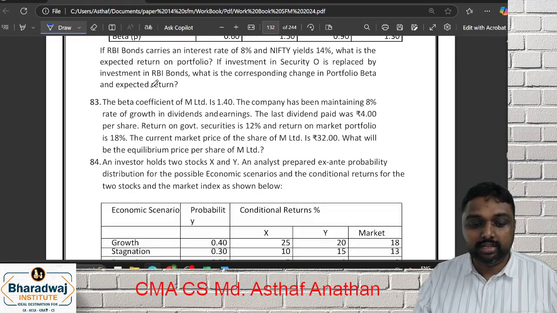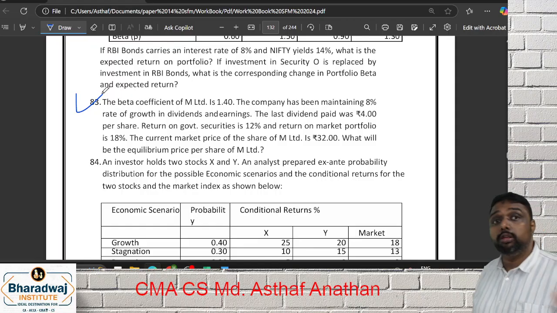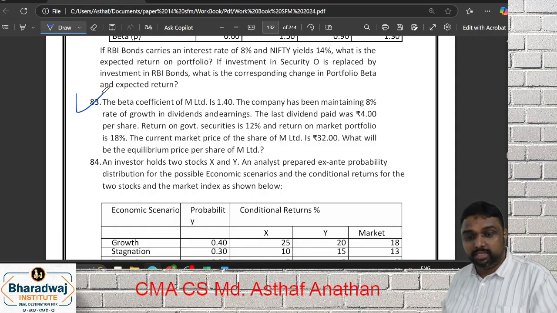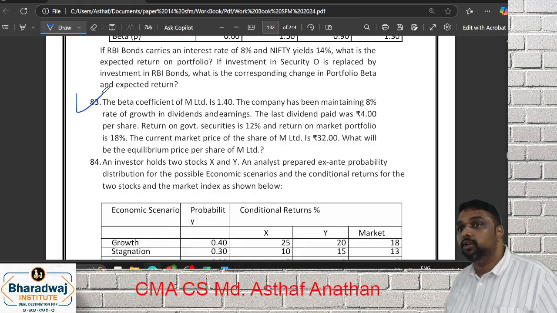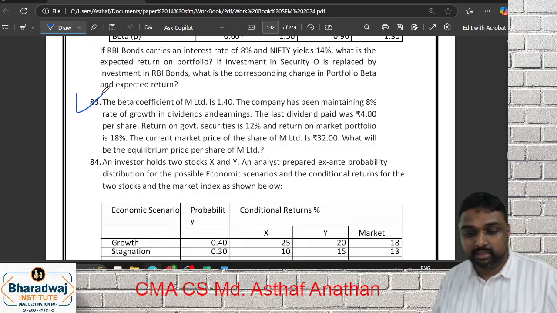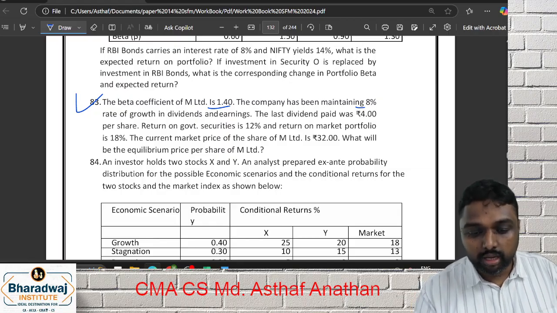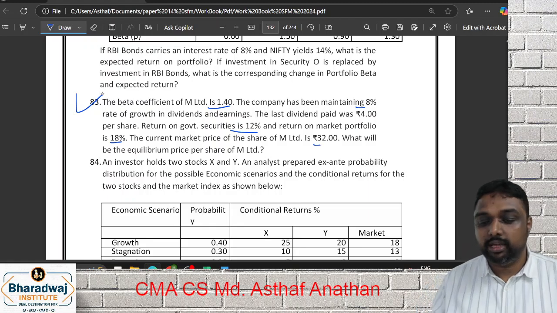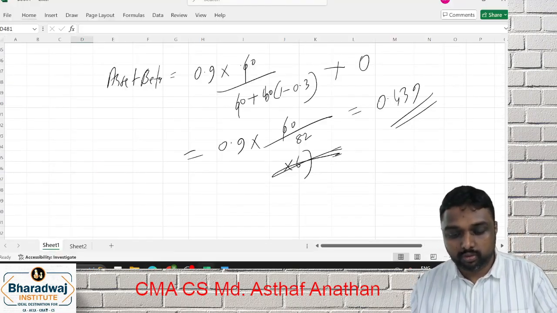These are all intrinsic value. We'll do one question on this. We did undervalue and overvalue from the perspective of CAPM. This is another, from the perspective of market price. They are telling that beta is 1.4, the company is maintaining an 8% growth rate, last dividend is 4, rate of return is 12, 18%, current market price is given. What is the equilibrium price?